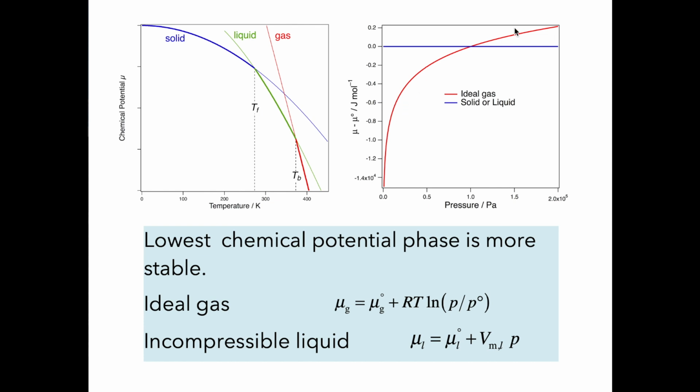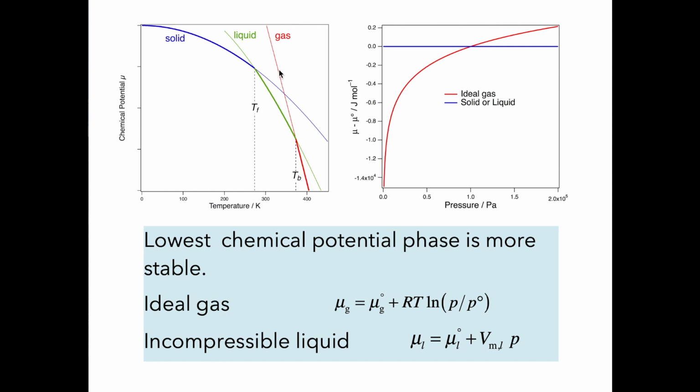And if we plot those on the same set of axes, what we see is that the gas phase chemical potential is much more sensitively dependent on the pressure than either of the condensed phases. That's very interesting, because that means this curve here, the chemical potential of the gas phase as a function of temperature, we can move quite a lot by changing the pressure.